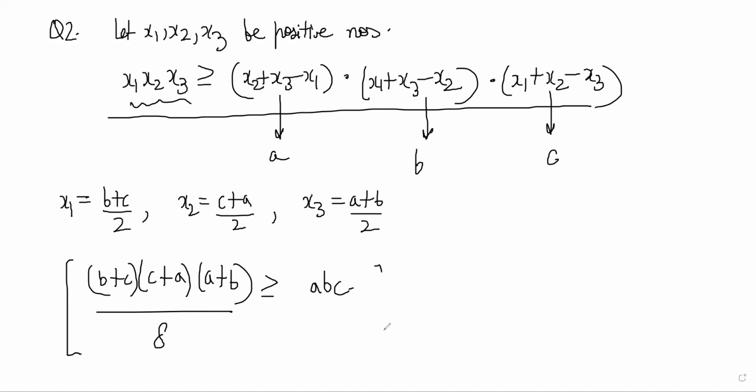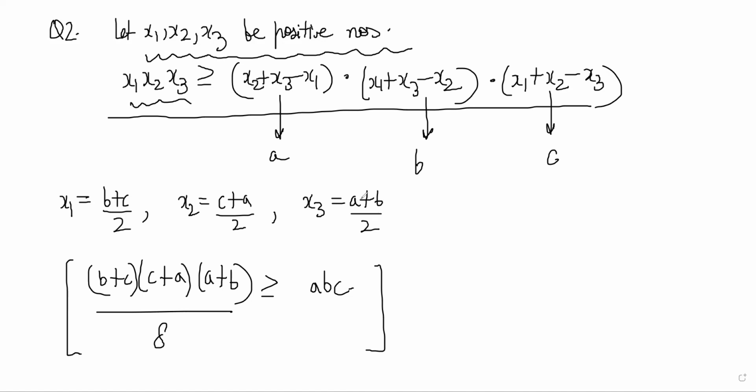That is obvious from the AM-GM inequality. B plus C is greater than or equal to twice root BC and so on. The only thing you have to be careful of here is to ensure that x1, x2, and x3 are positive, right? We can only apply AM-GM if everything is a positive quantity.